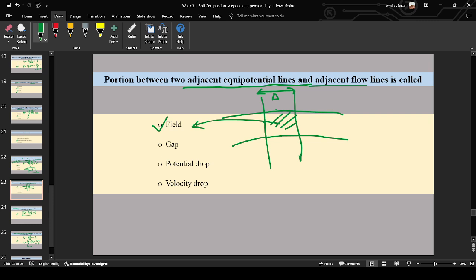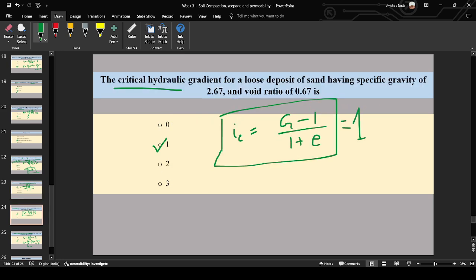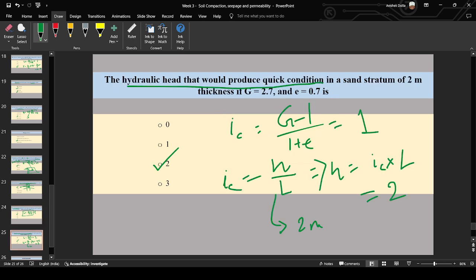This was the portion between the equipotential lines and the adjacent flow lines called field. This was the sum of the critical hydraulic gradient, that is I equals G minus 1 by 1 plus E, and this is again the hydraulic gradient that will give us the hydraulic head.